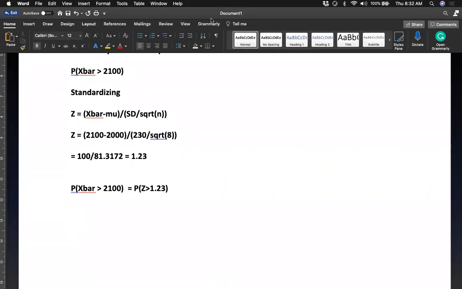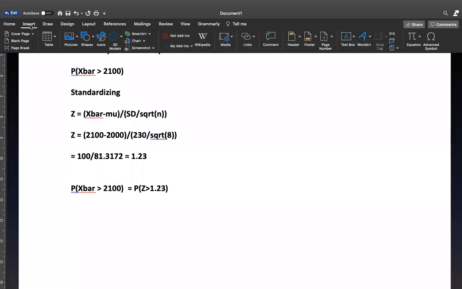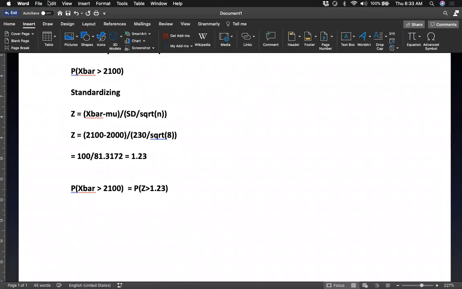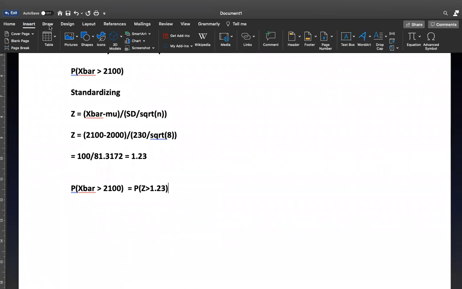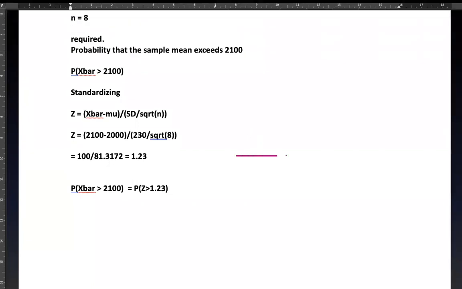Now, I think that Maureen, you should help us draw the standard normal distribution curve. Yes, Lawrence, it is equal to 1 minus the probability that Z is less than 1.23. I think we'll get there. But first of all, we want to draw the normal distribution curve and see how these look. I understand what you're saying because eventually that's what we are going to do. But for the sake of the class, we should go step by step.